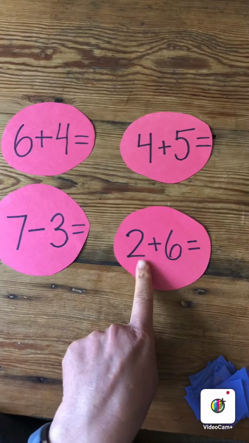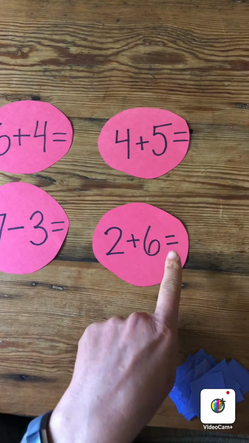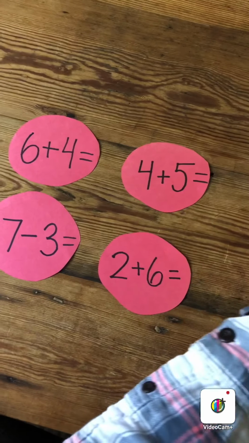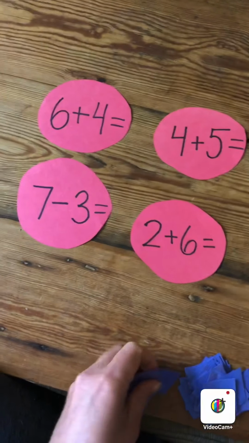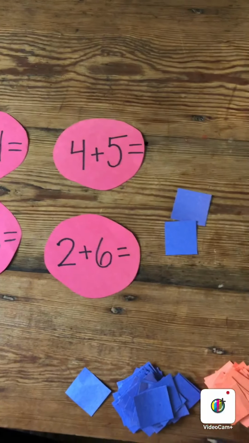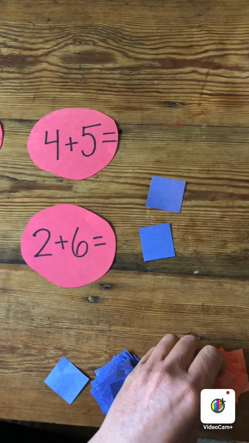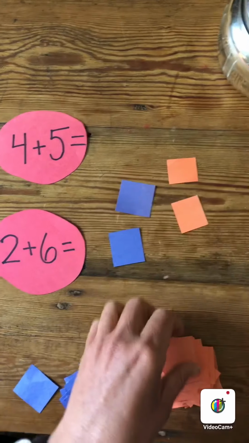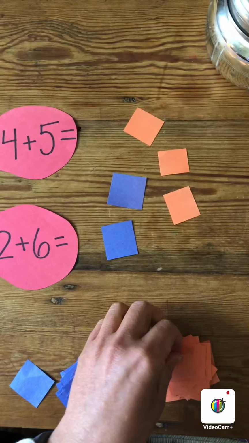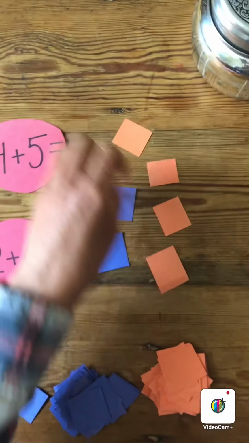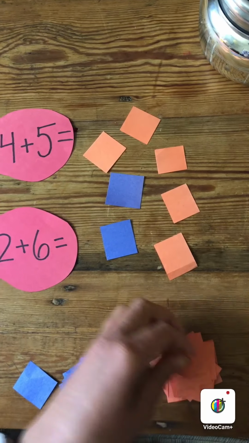I'm going to try 2 plus 6 equals. So this is where I could use my 2 different color counters so I remember which one's which. So I could say 2 plus, so I'm adding more, 1, 2, 3, 4, 5, and 6.